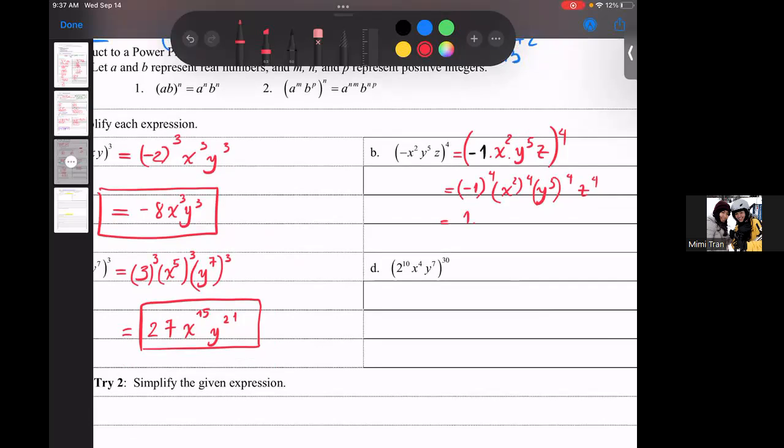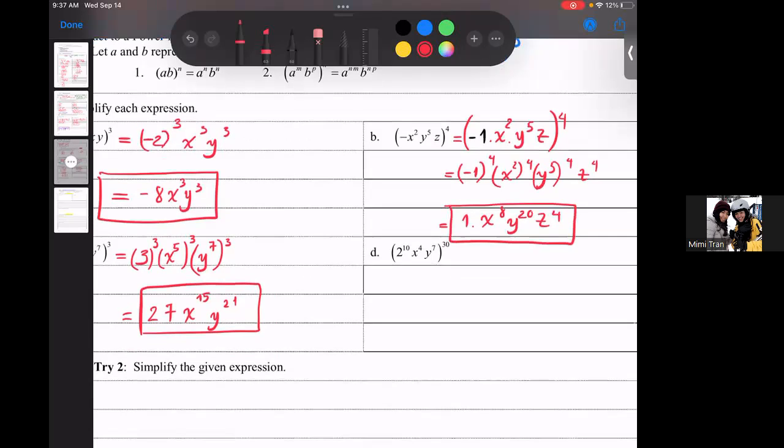X squared to the 4 is x to the 8, y to the 5th to the 4 is y to the 20, and then z to the 4. And then let's box it up. If you want to erase that one, that's fine too, but I'll leave it like that. The little dot means multiplication.